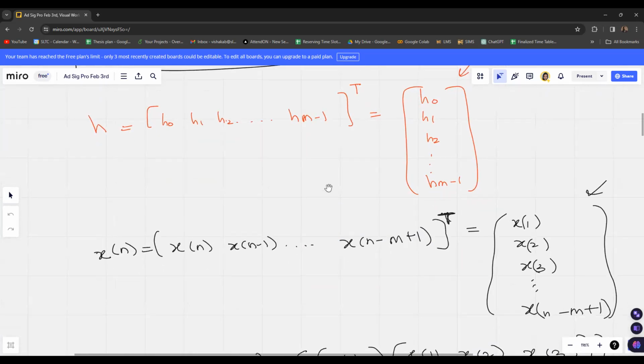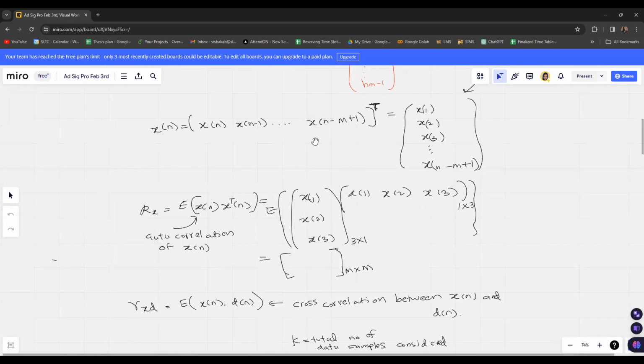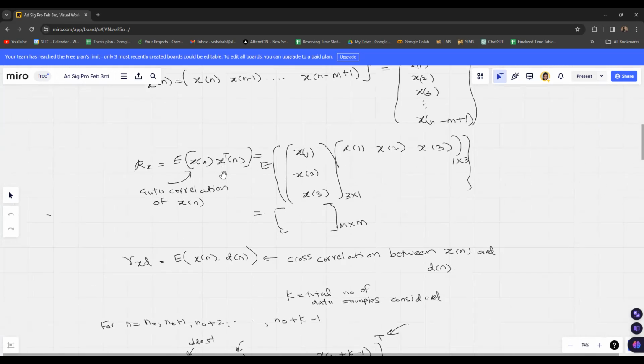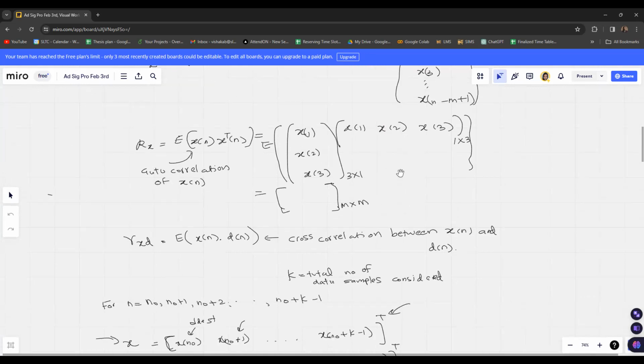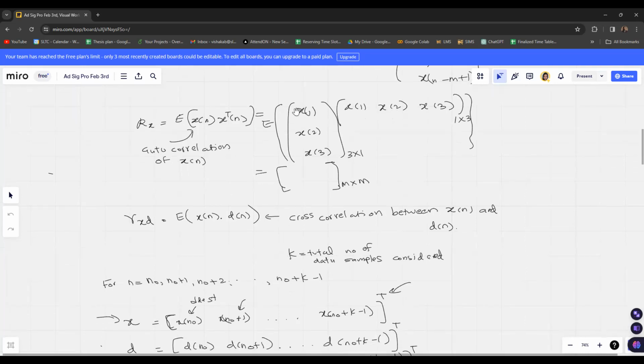So the different matrices we have defined here. The autocorrelation of the input signal, which is the autocorrelation of x(n), we have defined using a matrix. We already know about the autocorrelation matrix of an input signal, and how to mathematically model it.